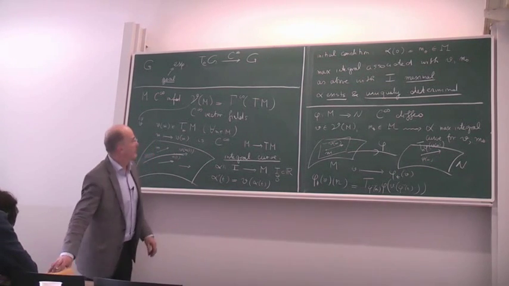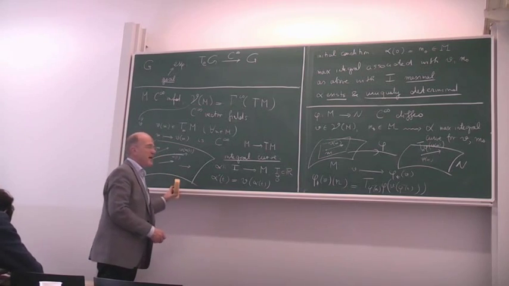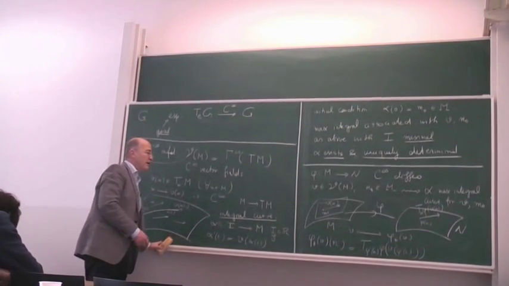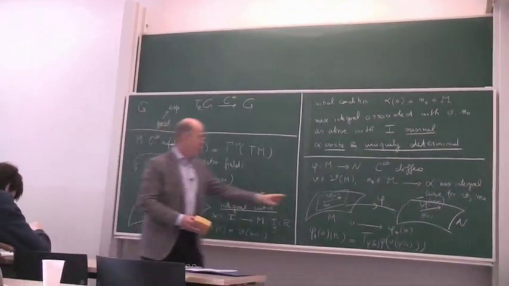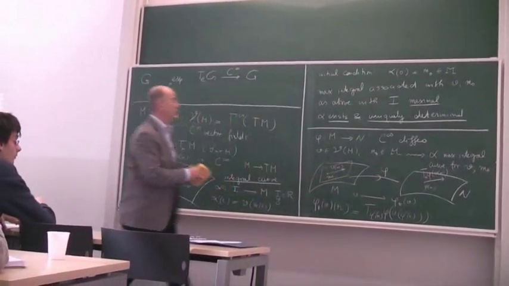And now a lemma that immediately follows from the definition is that the maximal integral curve is obtained by just applying phi to the integral curve over here.